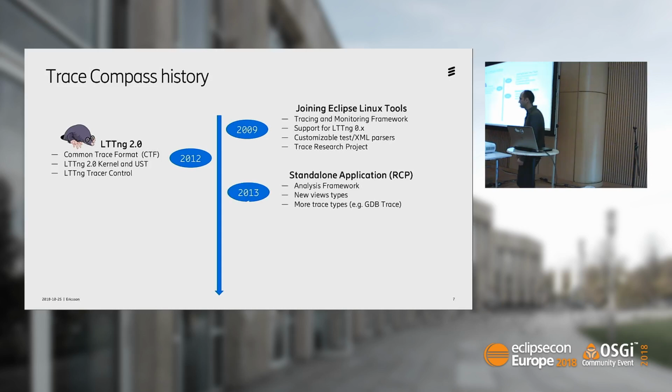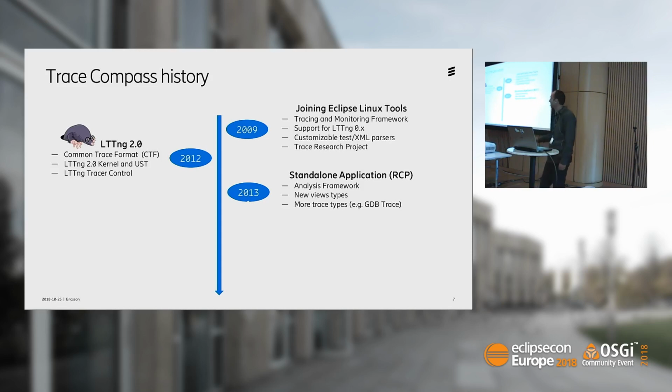Initially, users had to install Trace Compass on an Eclipse IDE, and that's very useful for developers, but in some cases, users just wanted to look at traces and were not interested in the big IDE with code editing and other facilities.